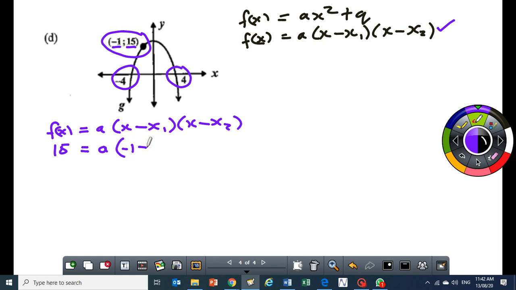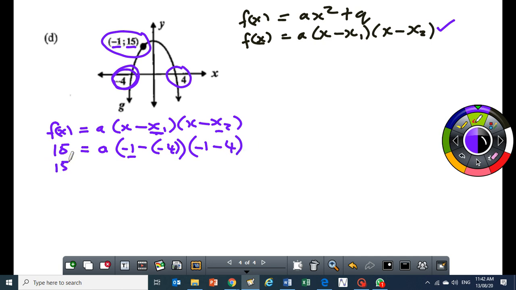Minus x1, I'll put that x value. Remember I said you can put the positive x here, or you can put it there, whichever you prefer. I prefer to put the negative x-intercept here. Times, if you put minus 1 here, you can also put minus 1 there. Minus 4. Then you simplify.